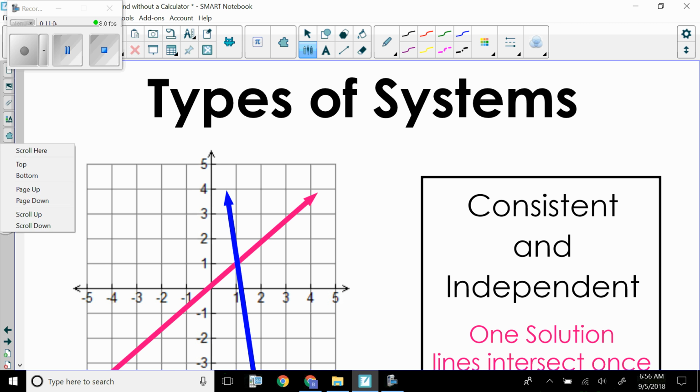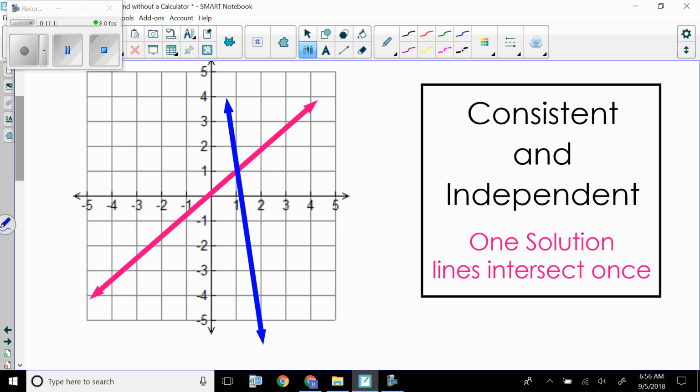Again, we're working with our types of systems here. As we're looking at this first example, this is a great time to pause the video and copy down what I have up here. This system, when I look at it, has an intersection.